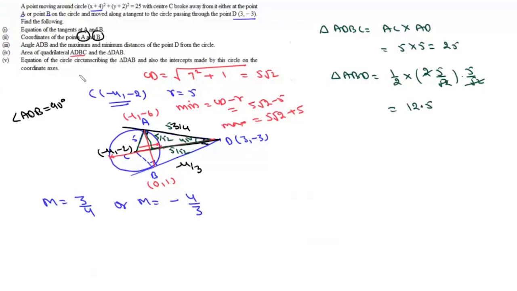Now finally the fifth part, equation of circle circumscribing this triangle DAB. Now basically this is a standard result. Circumcircle of this triangle DAB will pass through center of the circle. So basically CD is a diameter, and if CD is a diameter, then center of this new circle, say C dash, will be midpoint of CD.